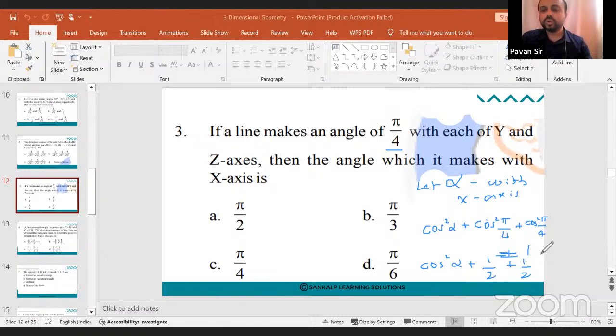So cos square alpha plus 1 is 1. So cos square alpha is 0. Cos square alpha is 0 for what? 90 degrees. So pi by 2 is the answer, option A.